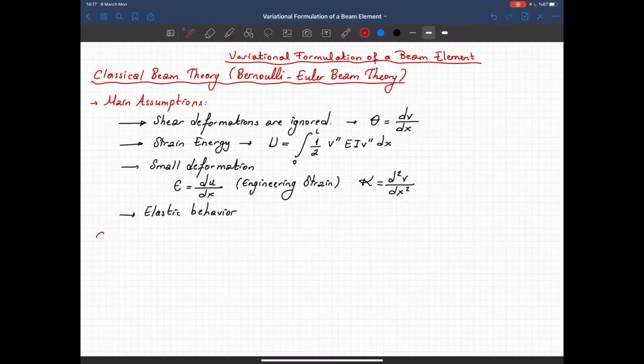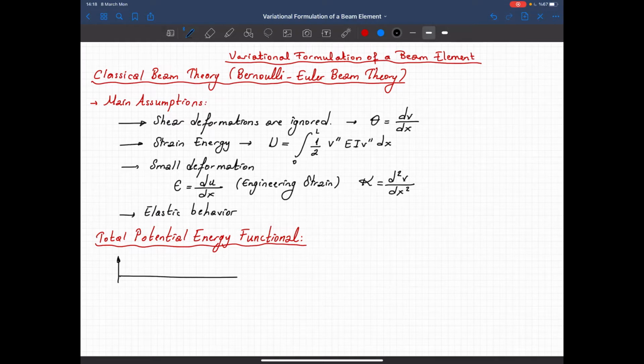Now let's take a look at the total potential energy functional. So let's define the beam.